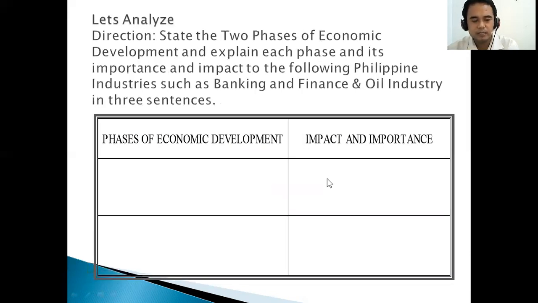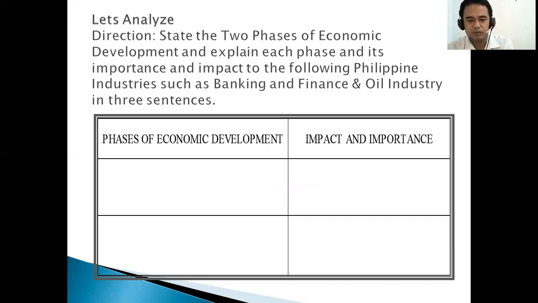The other one, in Let's Analyze: state two phases of economic development and explain each phase and its importance and impact in the Philippine industry, such as banking, finance, and the oil industry, in 3 sentences.